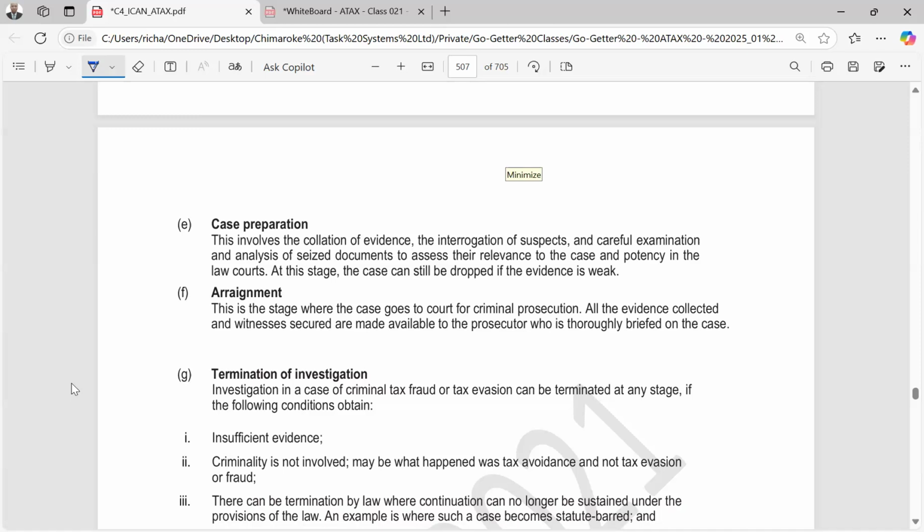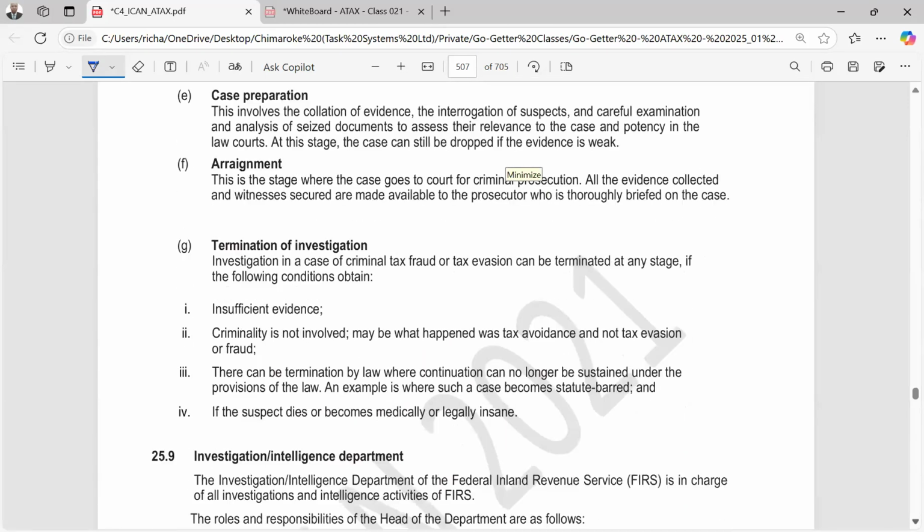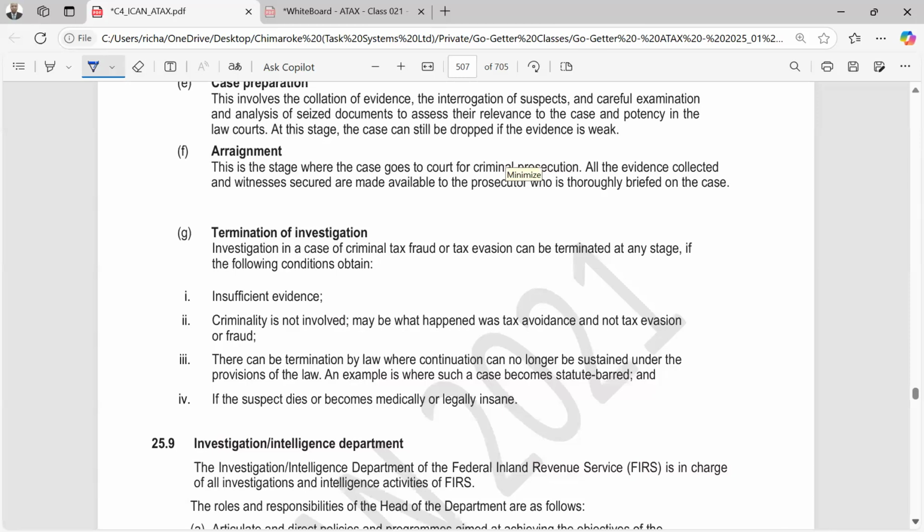Then sometimes during the investigation, during the arraignment and all that, you find out that this is not a case of criminal mind. It is not a case where they set out to defraud somebody.